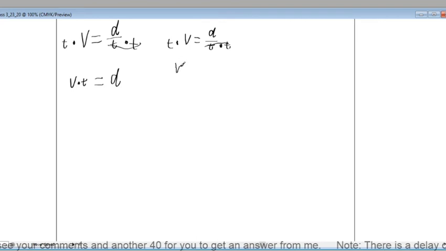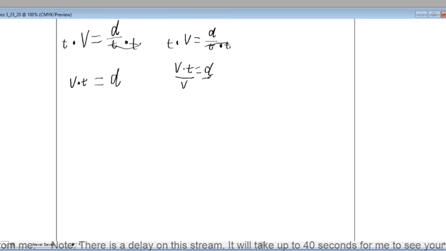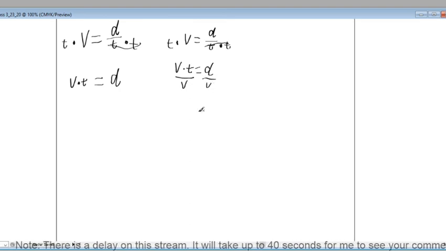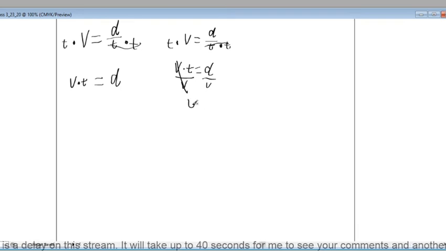We are left with velocity times time equals d. Now we don't have a fraction, though, and we can get t by itself by dividing by v, velocity. So that cancels. We are left with t equals distance divided by velocity.